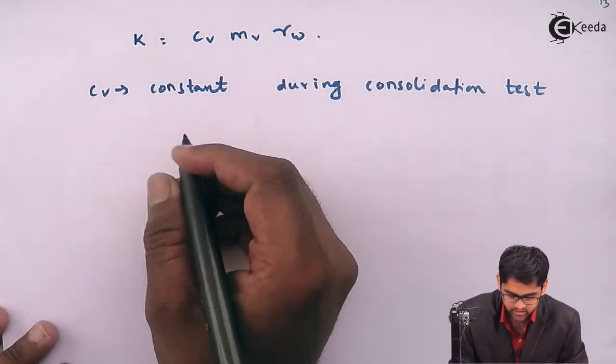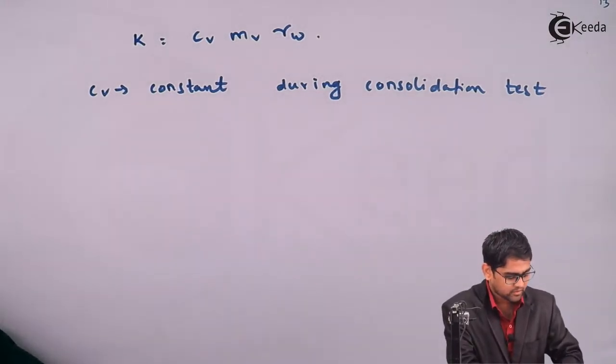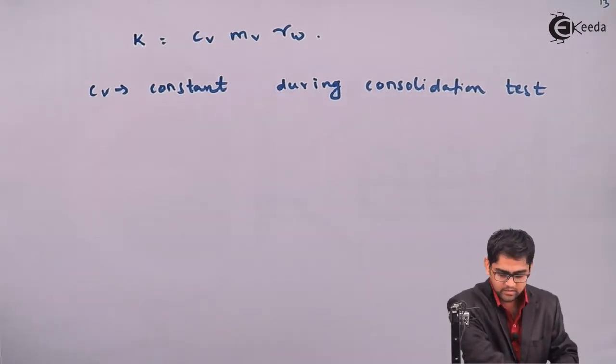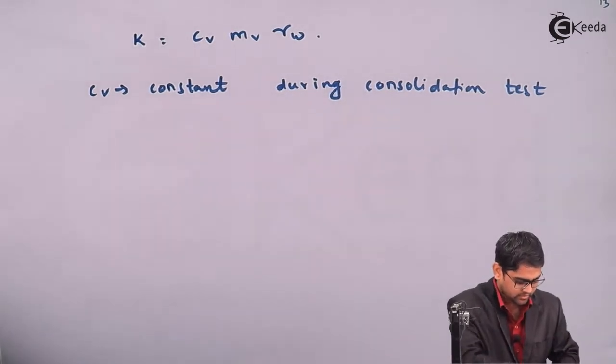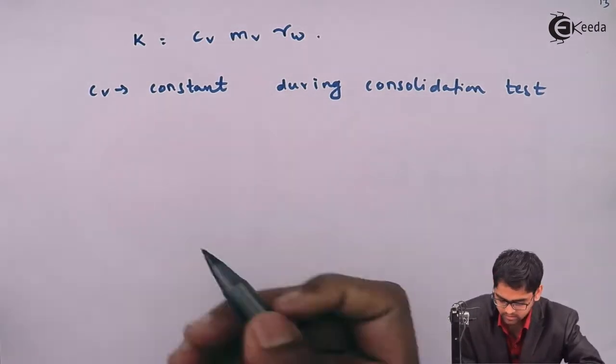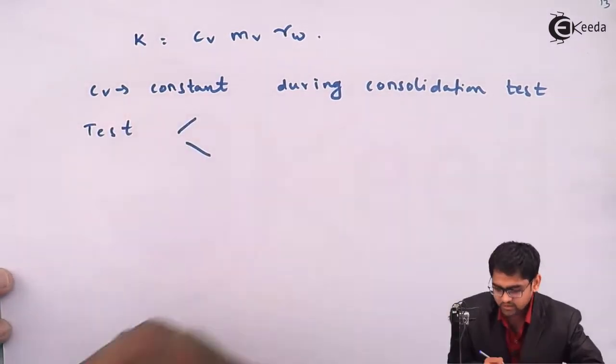So we have the apparatus or the setup for this particular consolidation test as per the IS 2720 code, and I will get back to this setup. This particular consolidation test is carried out in two different ways.